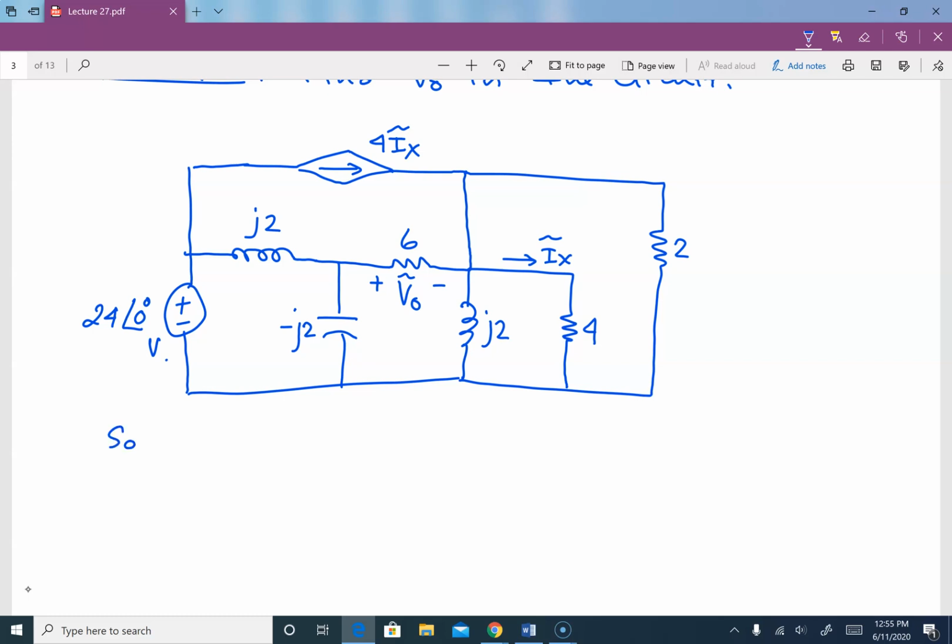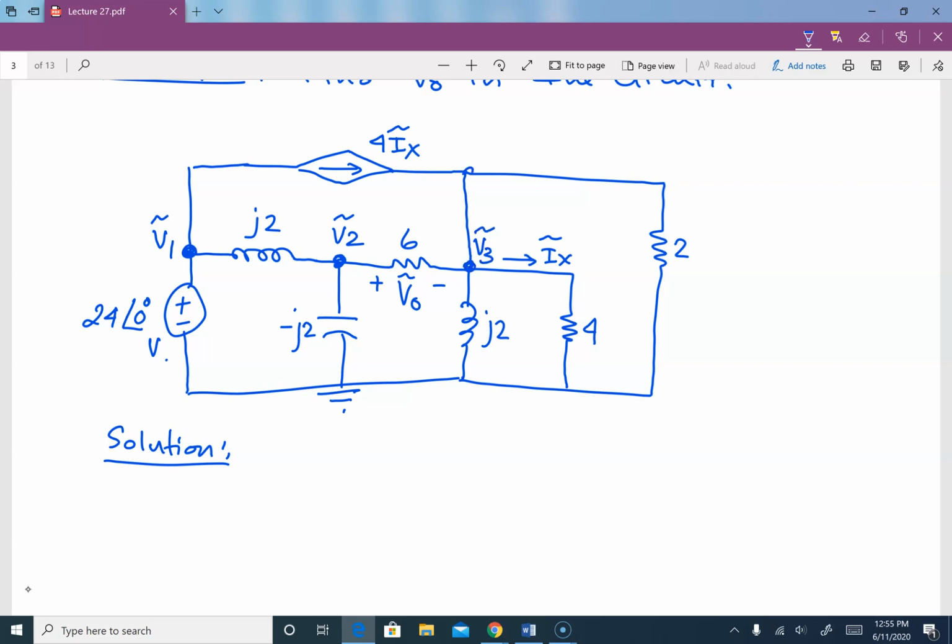So our solution here, first of all, our reference node is here. Then we will assign nodes. So I am going to assign this here as V1, this node as V2, and this node as V3.